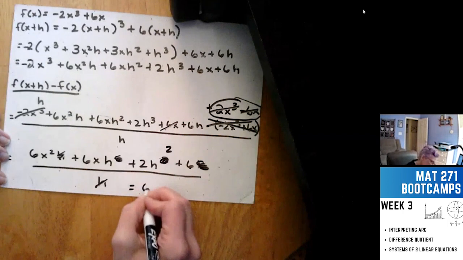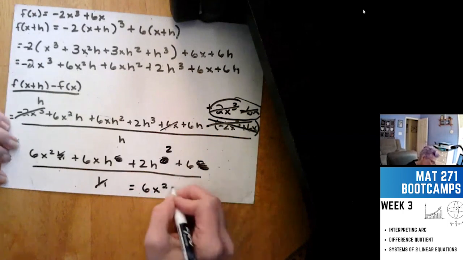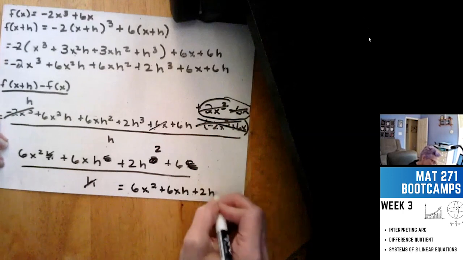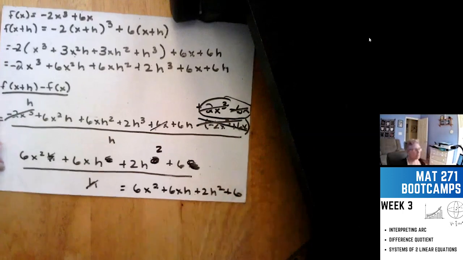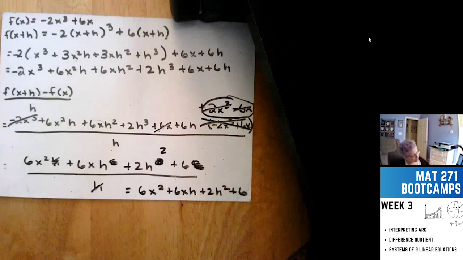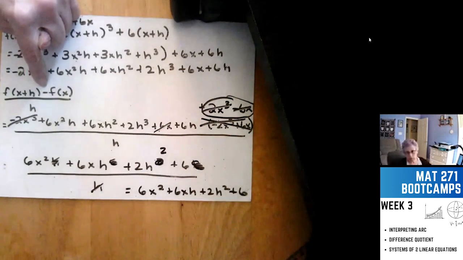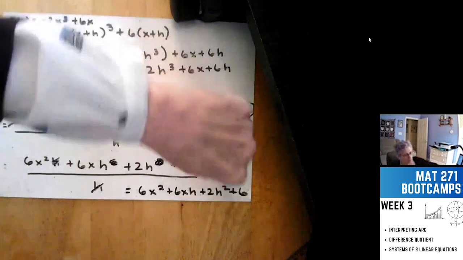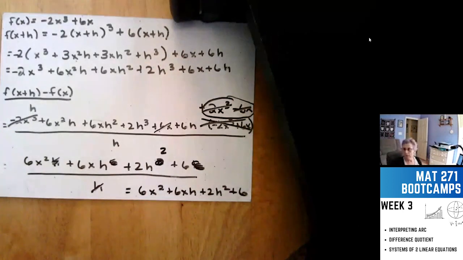So I'm left with just 6x squared plus 6xh plus 2h squared plus 6. And now I have something that if I take the limit as h approaches 0, I can plug h equals 0 into and get a nice friendly answer. Questions so far?